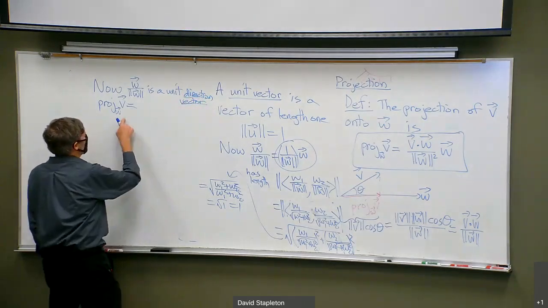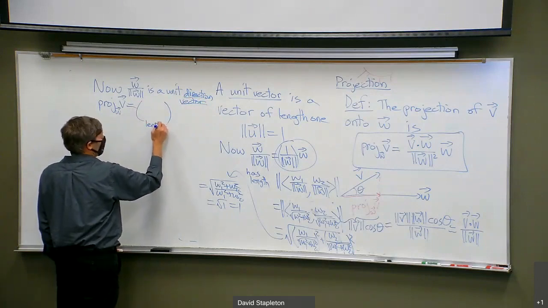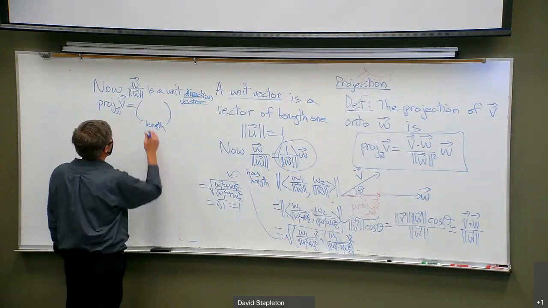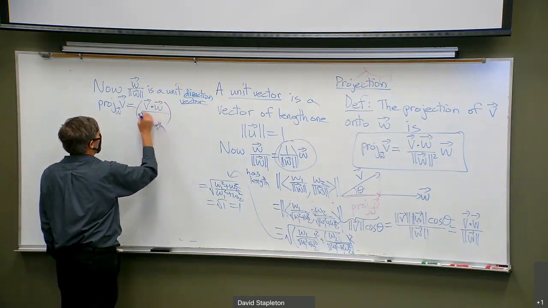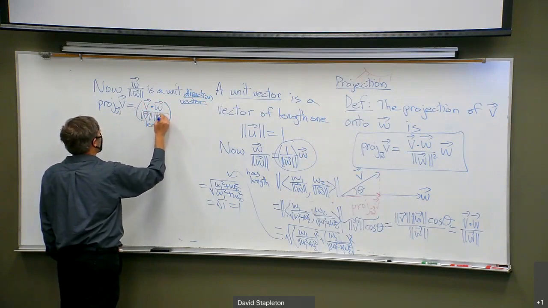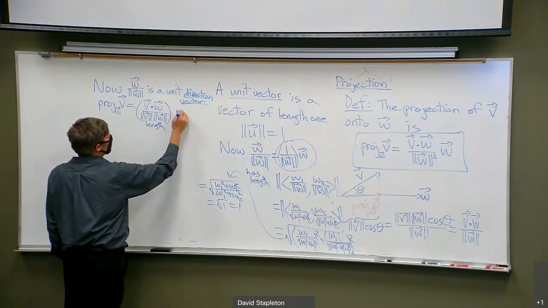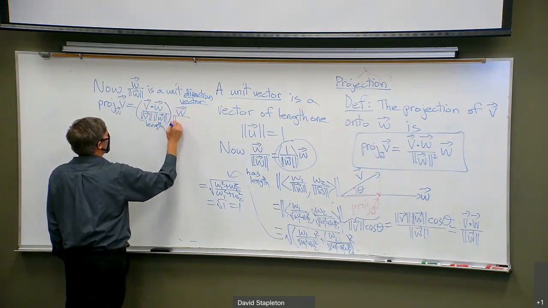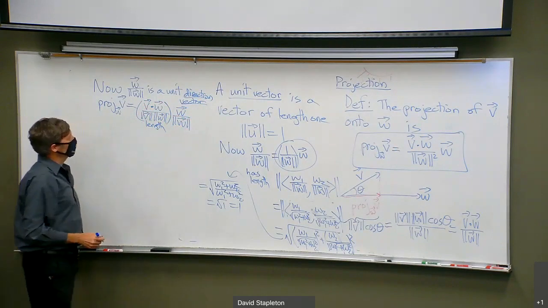So we can get the projection simply by taking the length, which we found is V dot W over the length of W, times a unit vector in that direction, which was W over its length. That will give us the vector we want.